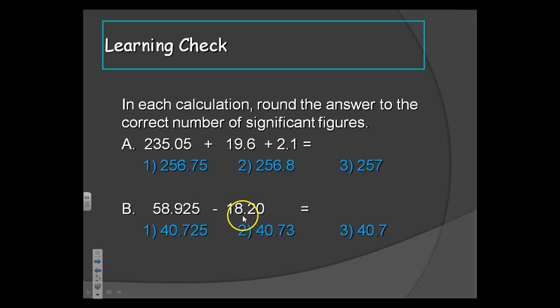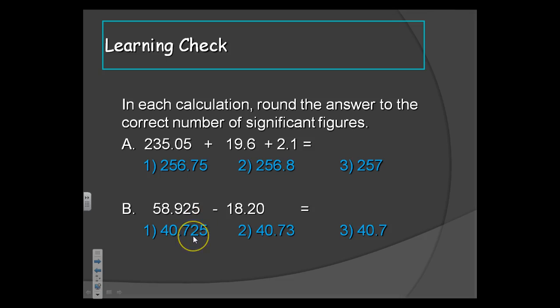Here we are subtracting, and again we're going to look at decimal places because that's what matters when we're rounding with adding or subtracting. Here I have 3 decimal places. Here I only have 2, so my answer should have 2 decimal places. When you plug it into the calculator, you get this answer, but it has 3 decimal places.